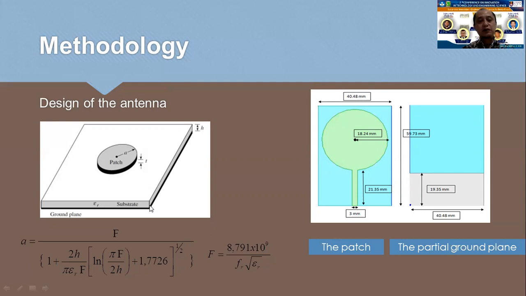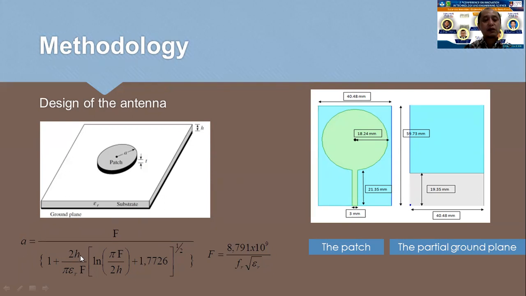Based on the WiMAX frequencies and wireless LAN frequency, we can determine the resonance frequency for both bands, which is 3.825 gigahertz. We need this value to calculate the radius. As you can see in this formula, A is the radius.